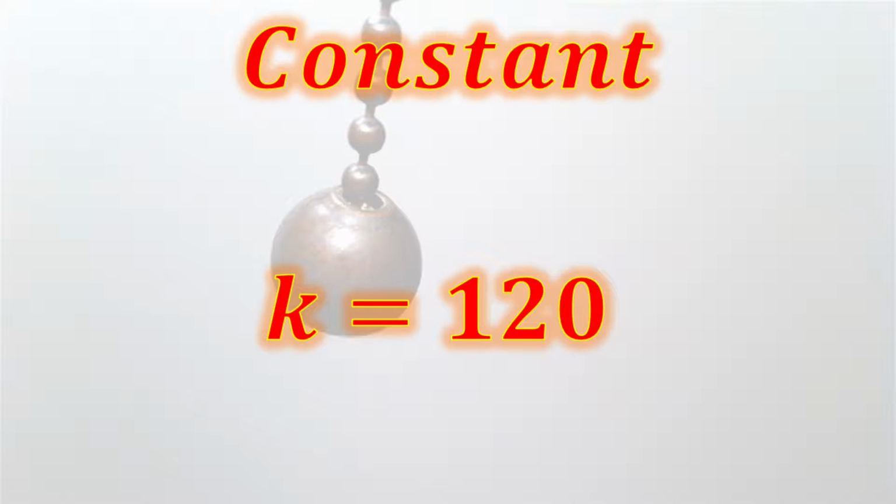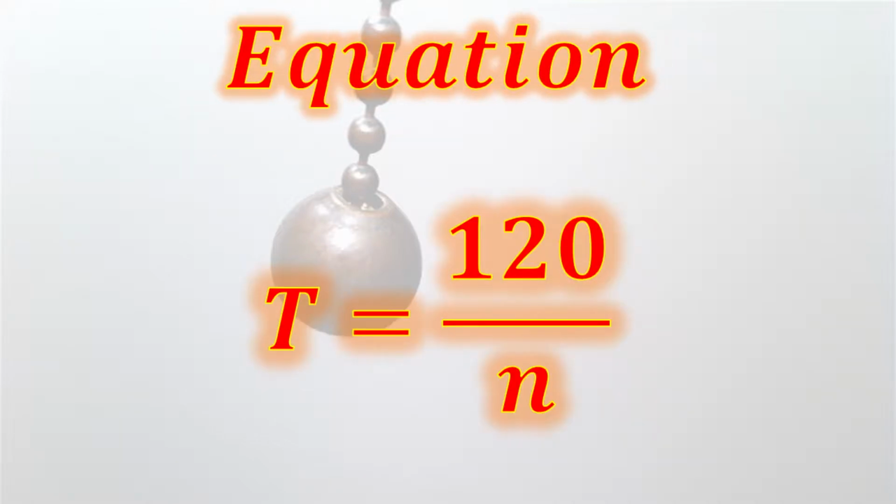Our final equation then is t, time period in seconds, equals 120 over the beat rate in minutes, or n, the number of beats per minute. Now, if we multiply both sides by n and divide by t, we just switch those numbers out. So my beat rate number in minutes is equal to 120 over the time period in seconds.